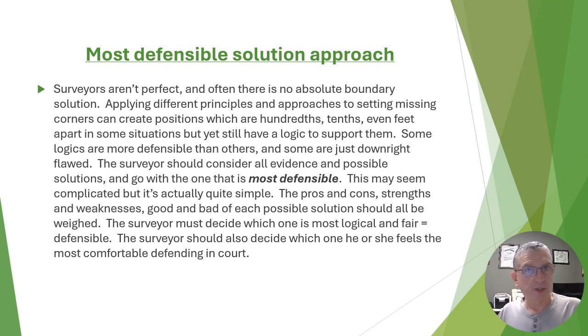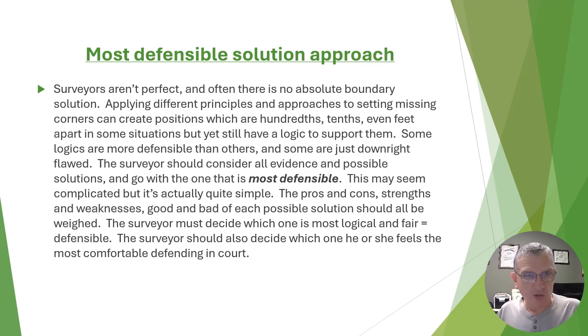Because that's a summary of all those other things I mentioned first. There are a lot of ways to skin the cat. There are a lot of ways to resolve a boundary. There are infinite number of mathematical solutions and coordinate pairs that can be created to describe corners and property lines. What do we want to do with that?